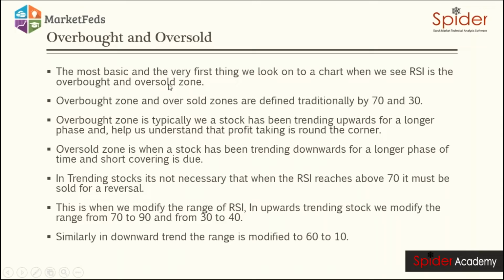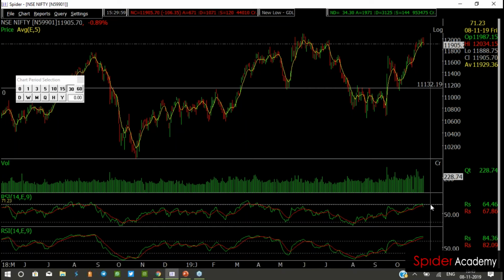The most basic and the very first thing we look at on a chart when we see RSI is the overbought and the oversold zone. Overbought and oversold zones are defined traditionally by 70 and 30. So over here, the top line is 70 and the bottom line is 30.